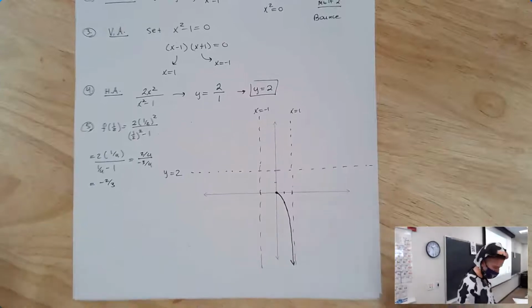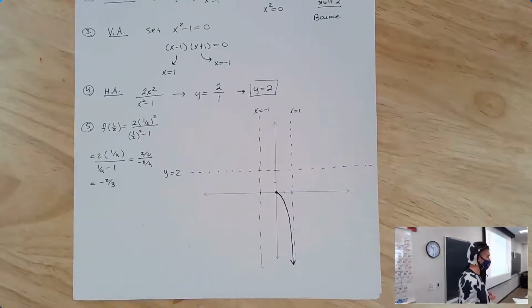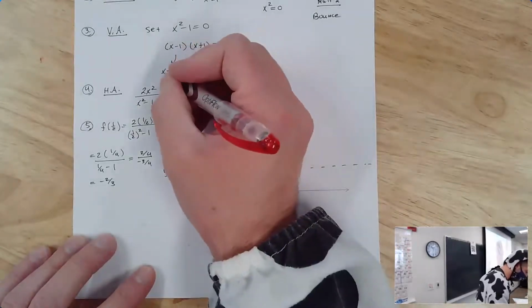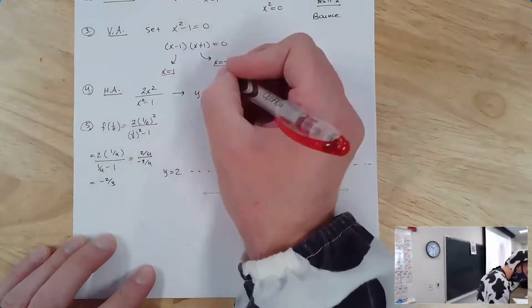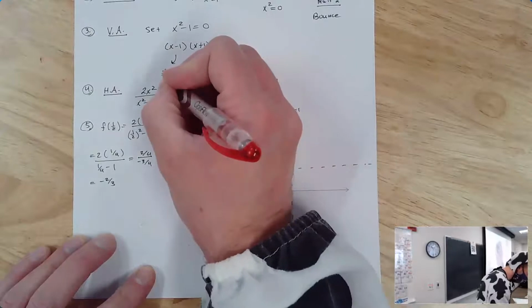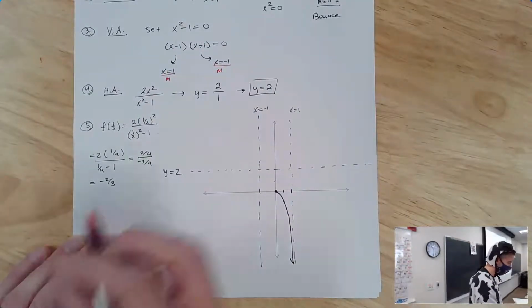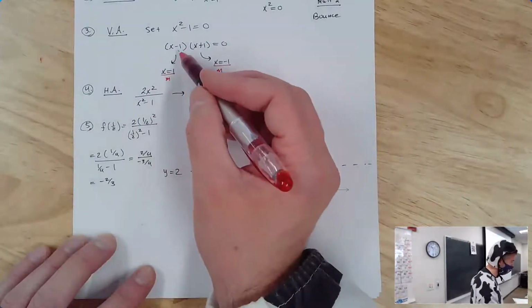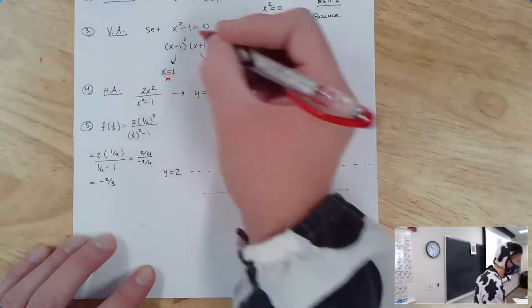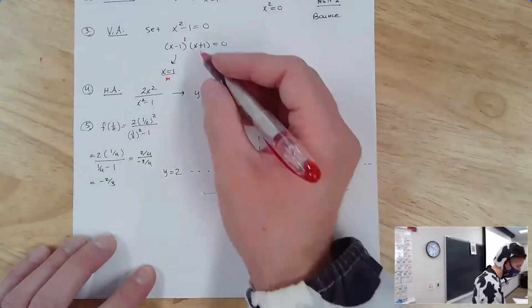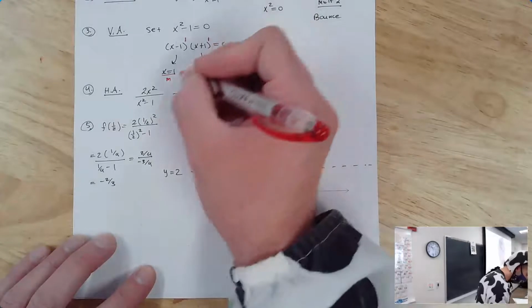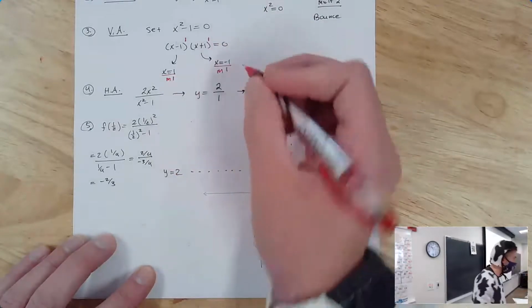If you want to, you can look at the multiplicity of the asymptotes as well. So both of these asymptotes, x equals 1 and x equals negative 1, have what multiplicity? Well, x equals 1 came from x minus 1 to the first, and x equal to negative 1 came from x plus 1 to the first. These both have a multiplicity of 1.